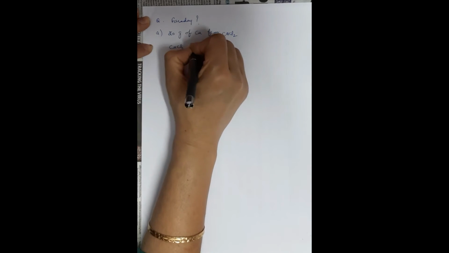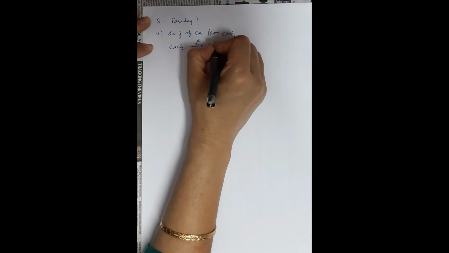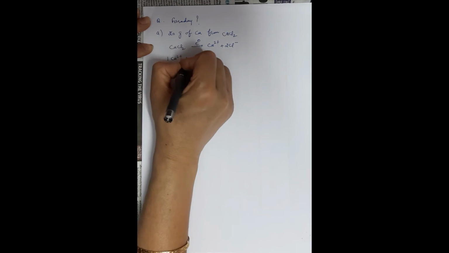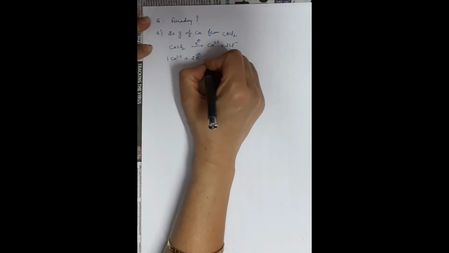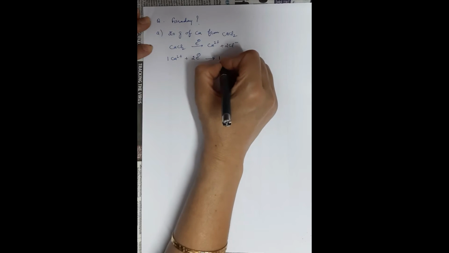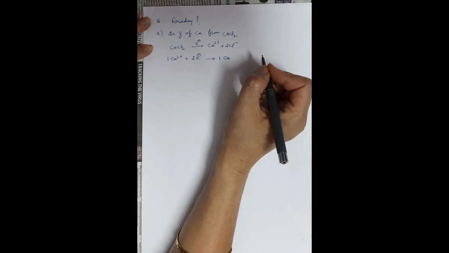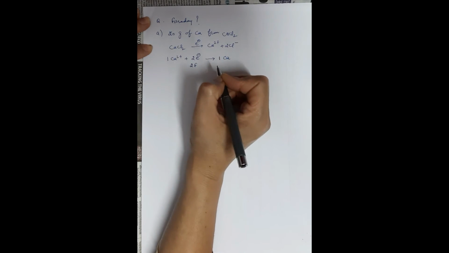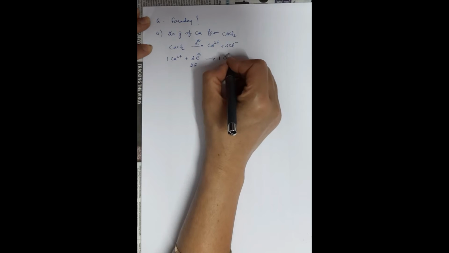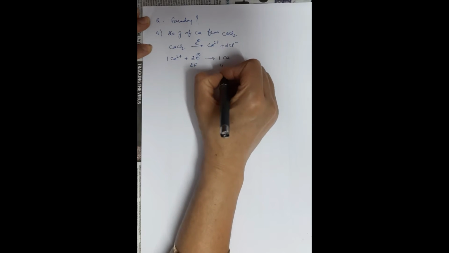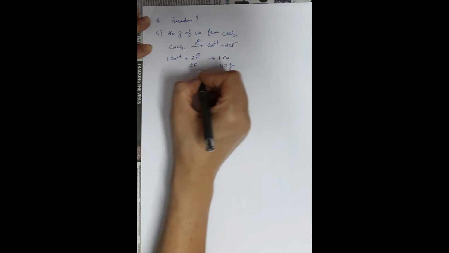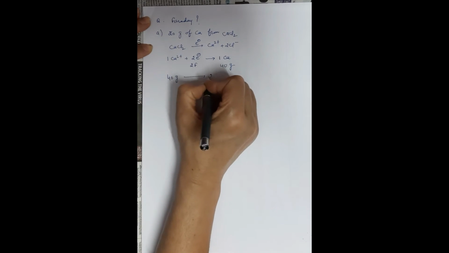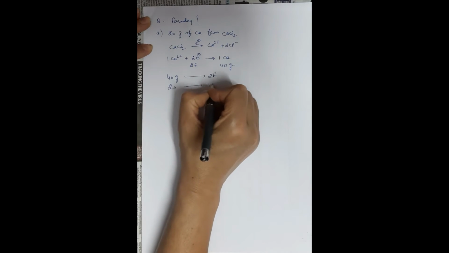Calcium chloride, when electricity is passed through this, will change to calcium ions and 2 chloride ions. 1 mole of calcium ion requires 2 moles of electronic charge in order to get 1 mole of calcium metal. What is the charge on 2 moles of electrons? It is 2 Faraday. And what is the atomic mass of calcium? It is 40 gram per mole. They are asking for 20 gram. 40 grams require 2 Faraday. 20 gram requires 1 Faraday.